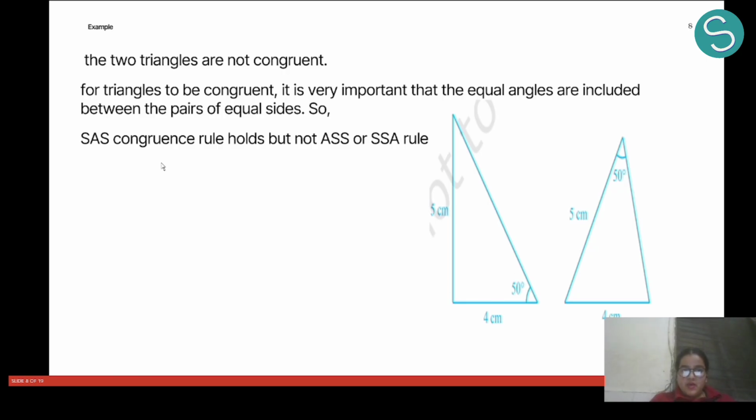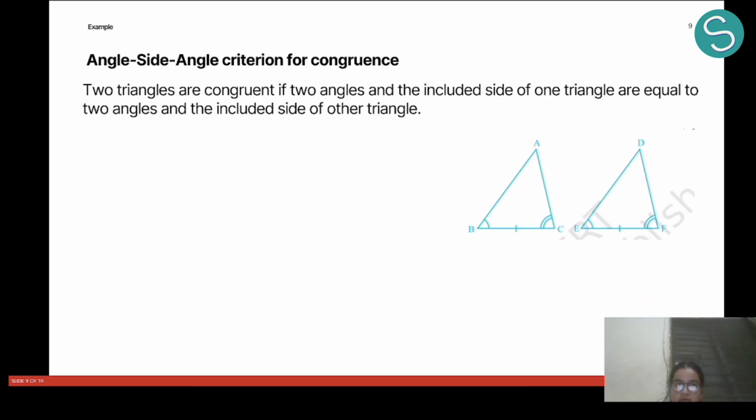As I told you, the congruency rule is side angle side, but here it is angle side side. There is no criterion for angle side side, so these two triangles are not congruent.